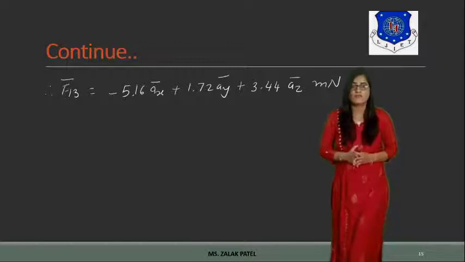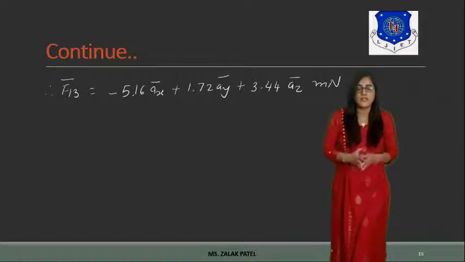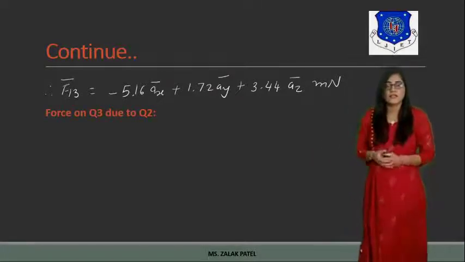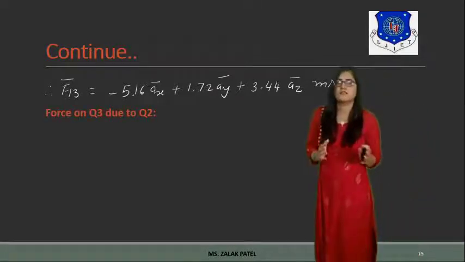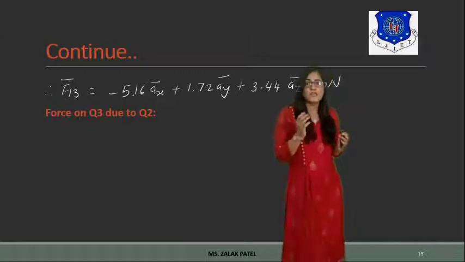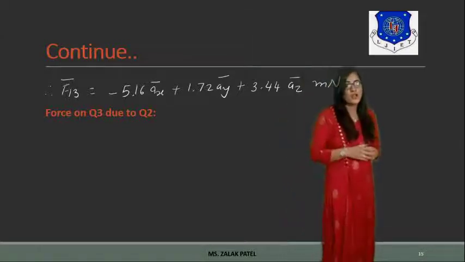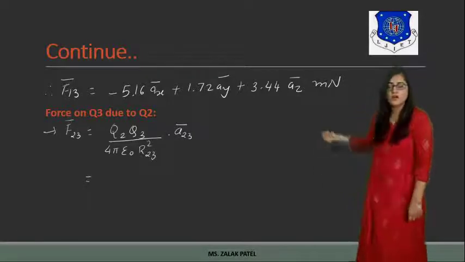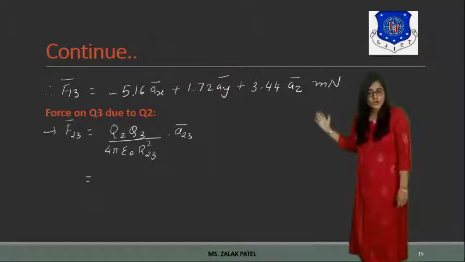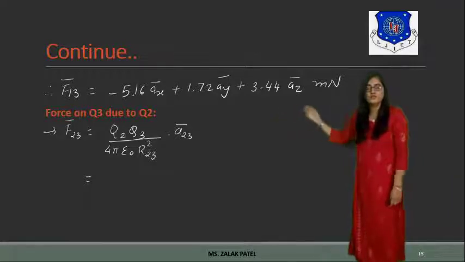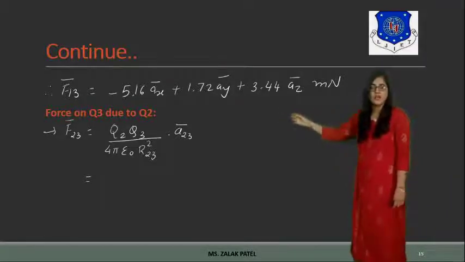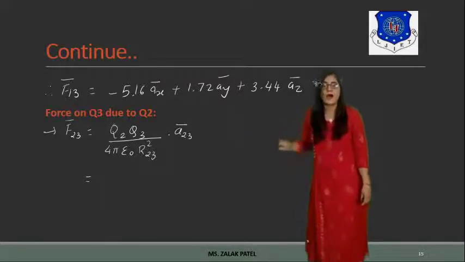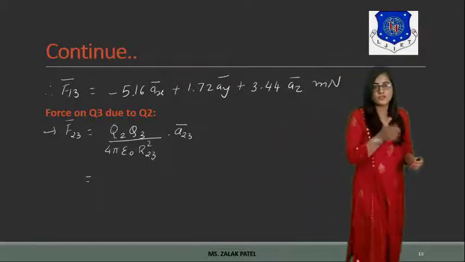This is the case where we find the force on 3 due to the first point charge. Now we have already calculated the distance as well as the unit vector for point charges Q3 and Q2, so let's use Coulomb's law once again. According to Coulomb's law, the force on the third point charge due to Q2 is Q2 into Q3 upon 4 pi epsilon 0 R23 square into A23.